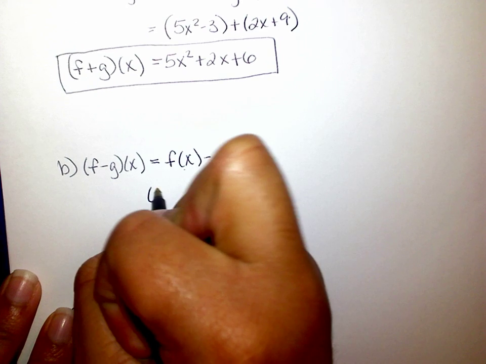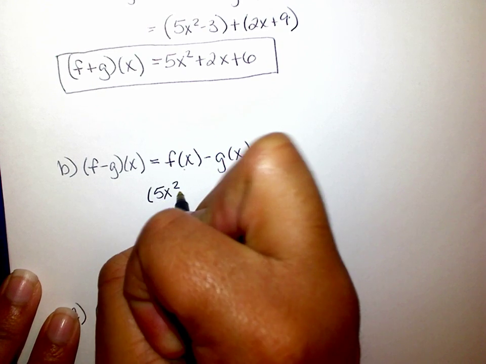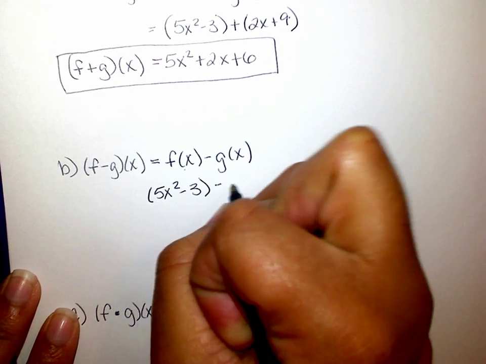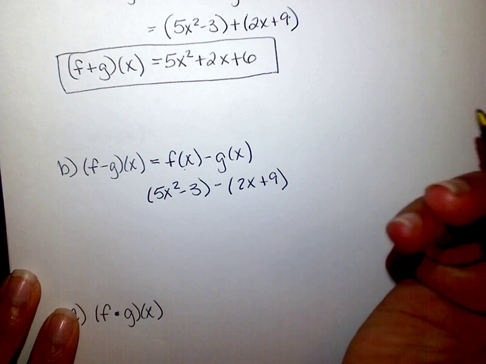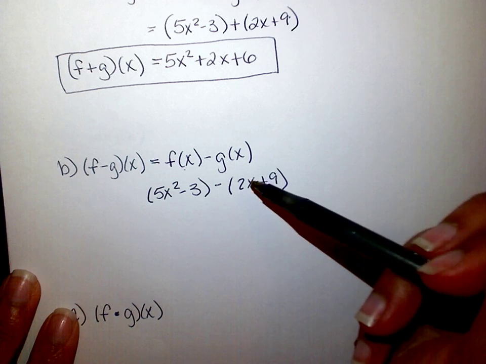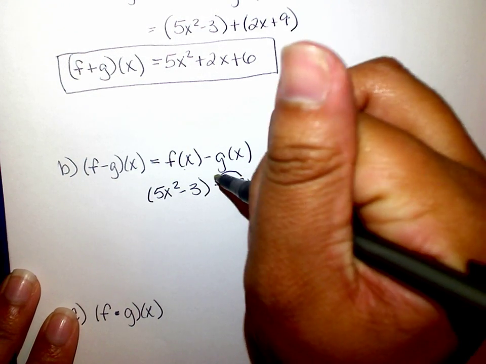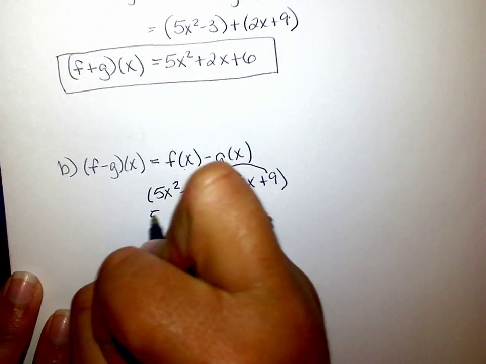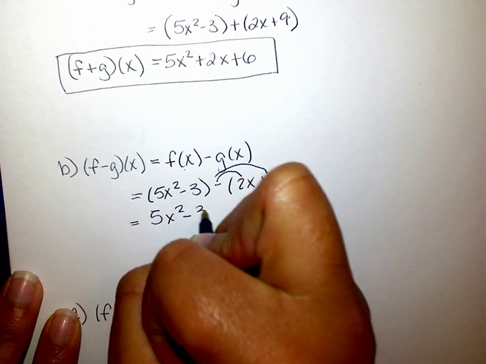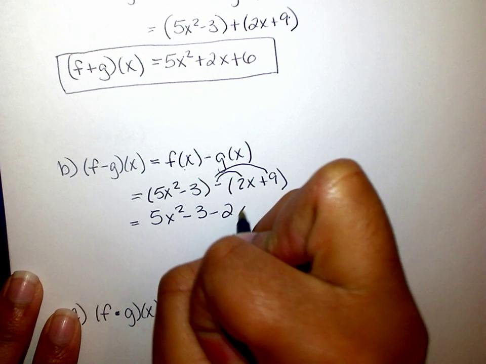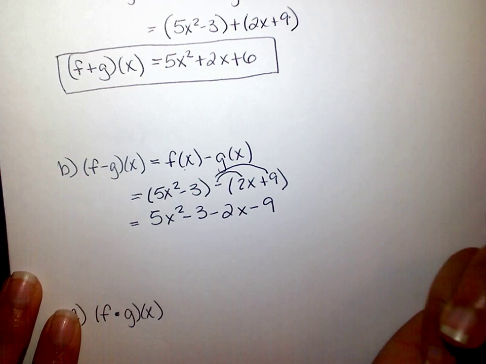So we're going to get 5x squared minus 3 minus 2x plus 9. Alright, so now there's a minus in between here, so we're going to distribute that negative. So we're going to get 5x squared minus 3 minus 2x minus 9.